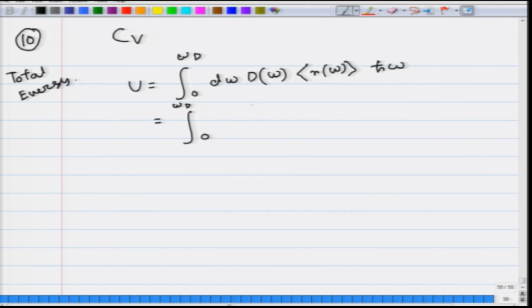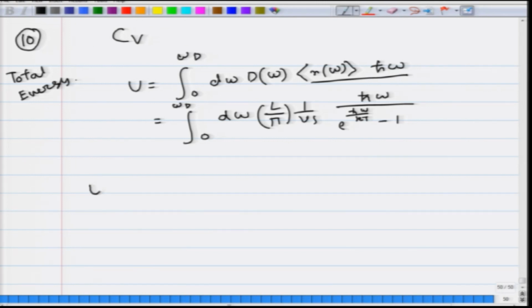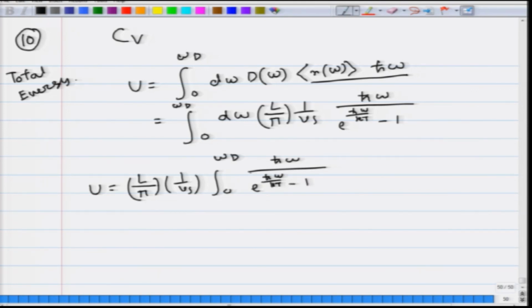So for this d omega I can write, as for the previous, L by pi 1 by Vs, and this is the famous Planck equation. So h cut omega by e to the power h cut omega by kt minus 1. So U will be L by pi 1 by Vs, 0 to omega d, h cut omega by e to the power h cut omega by kt minus 1, d omega.